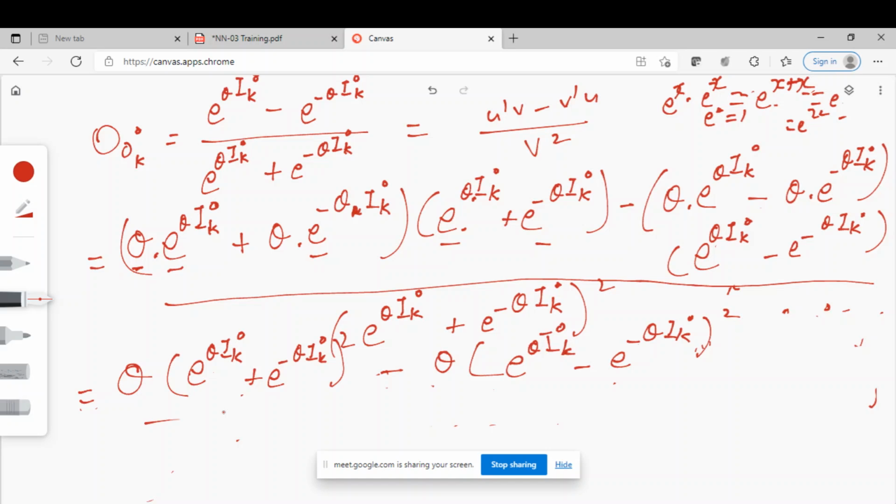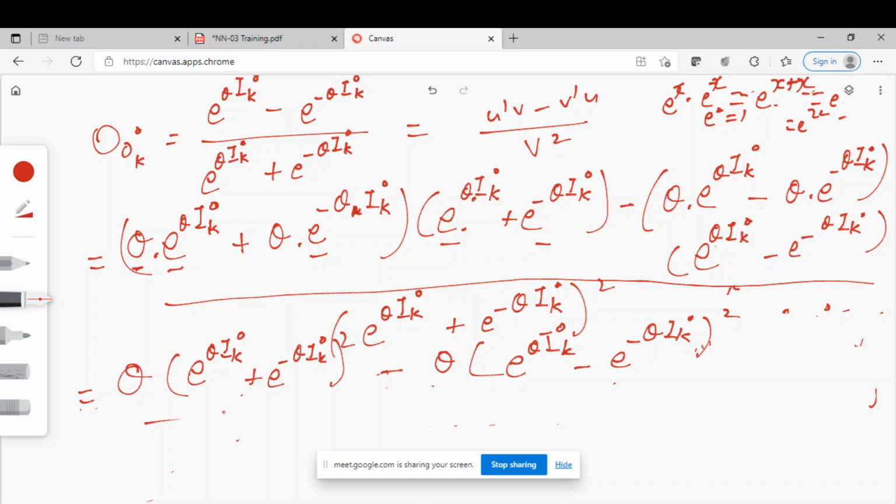Okay, and we can say that this is (e^(θ·k0) + e^(−θ·k0)) the whole square, and minus (e^(θ·k0) − e^(−θ·k0)) the whole square. Okay, right?